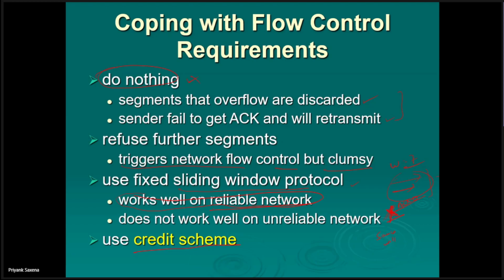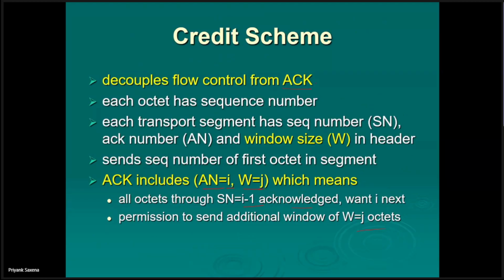What is the credit scheme? It decouples flow control from acknowledgement. Generally, whether it is stop and wait or sliding window protocol, the acknowledgement basically controls the flow. Acknowledgement is being used for flow control. So the credit scheme decouples flow control from the acknowledgement.